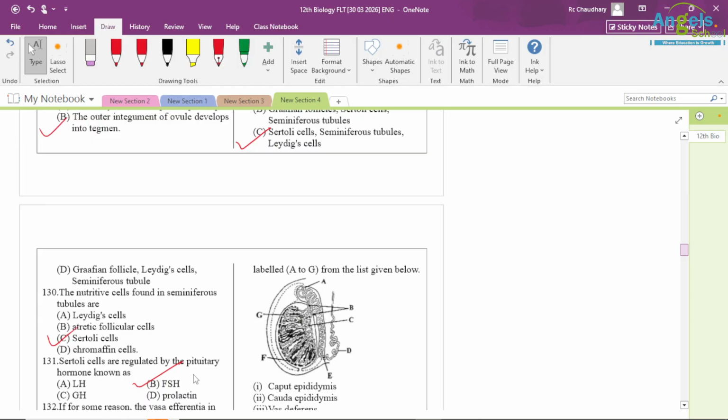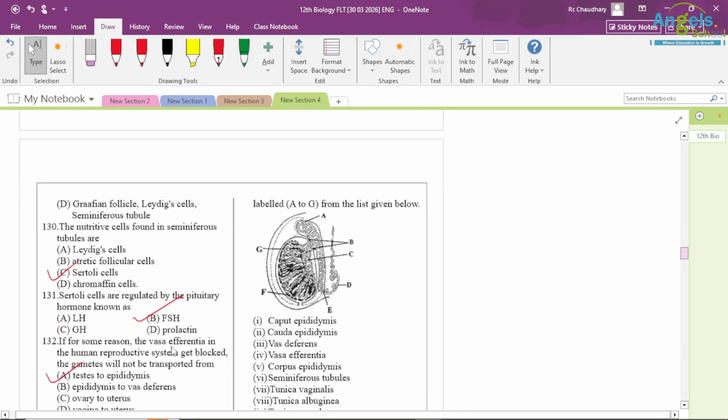Then E is, sorry, cauda epididymis. F is seminiferous tubule, and G is tunica albuginea. Okay, so option C is correct.